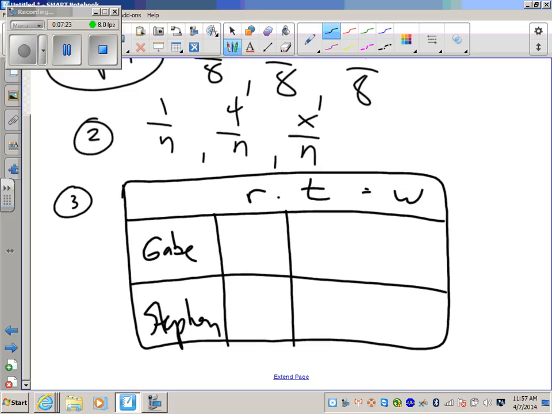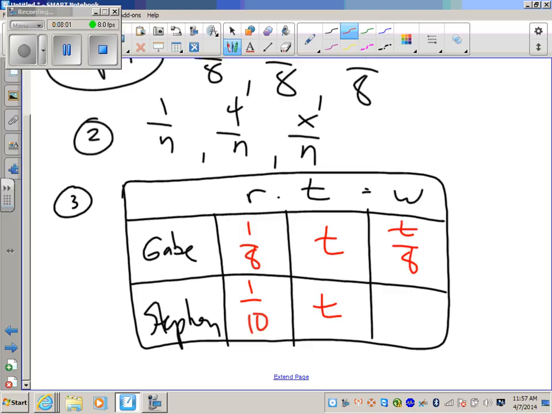Okay. If Gabe can get the job done in 8 days, what is his rate? If Stephen can get the job done in 10 days, what's his rate? We don't know the T because they're working together. When I multiply 1/8 times T, I get T over 8. 1/10 times T.